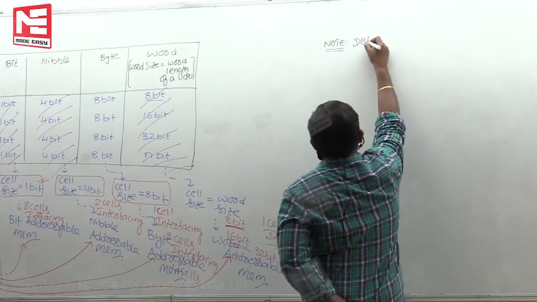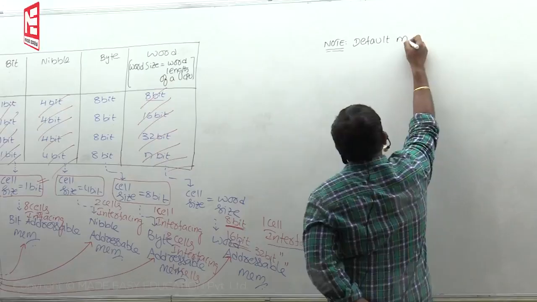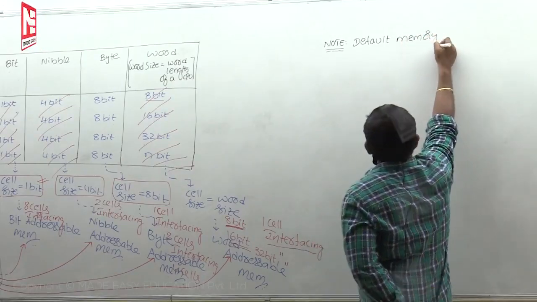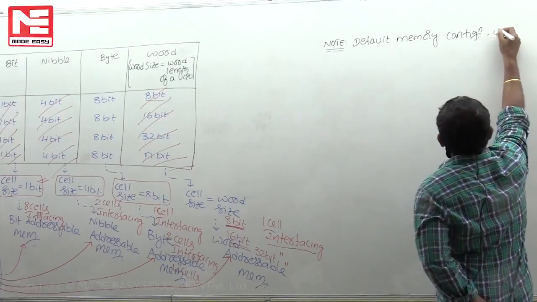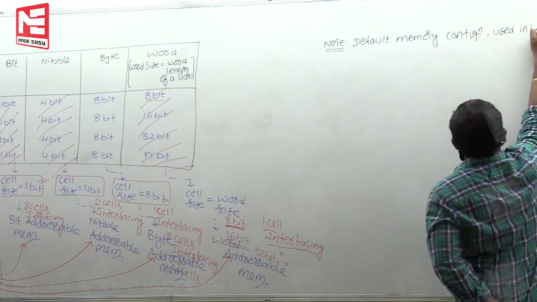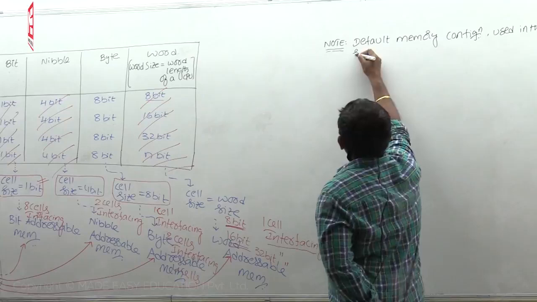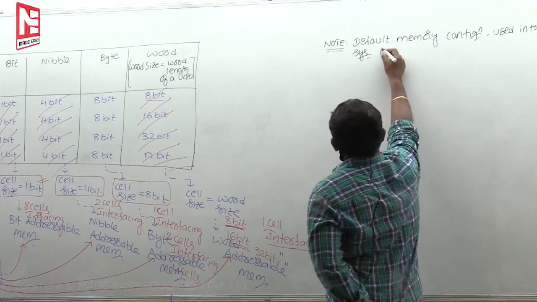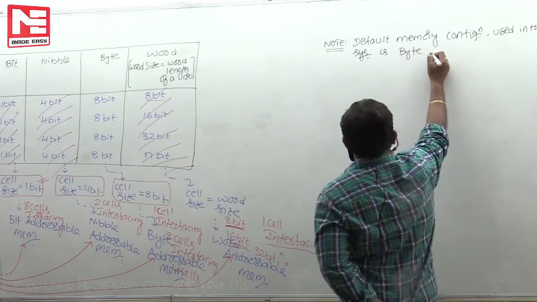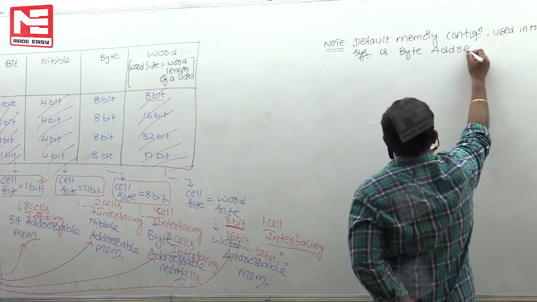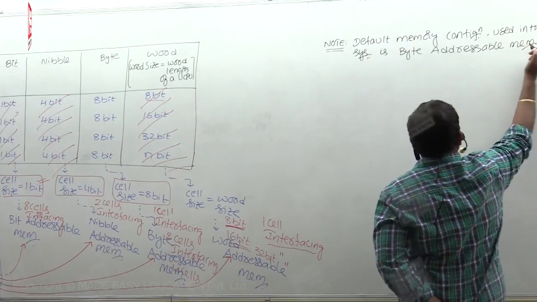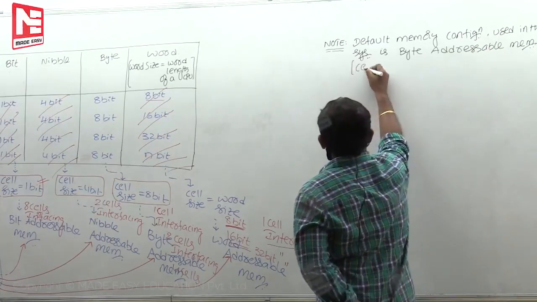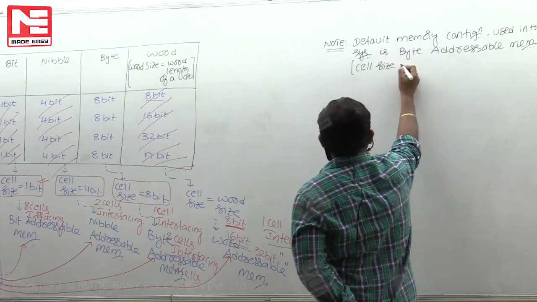So finally, note the default memory configuration used in the system is byte addressable. Byte addressable memory means cell size equal to 8-bit.